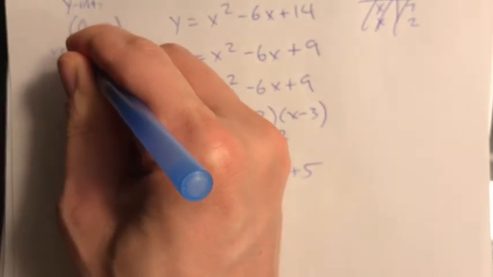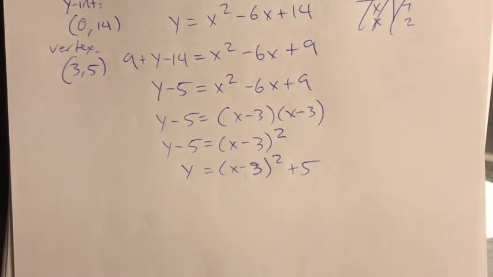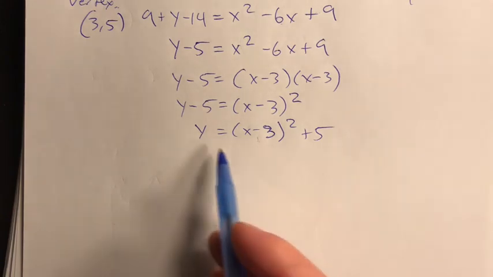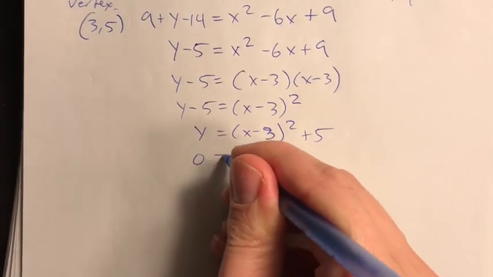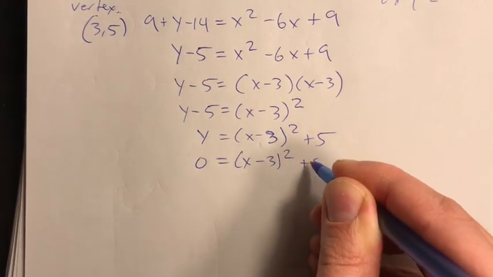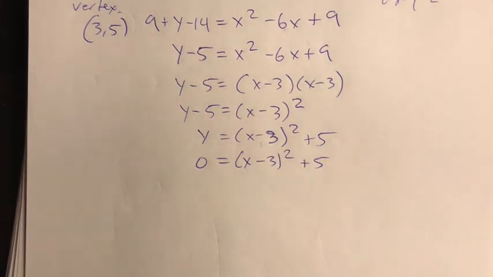That's my vertex. And now it's time for my x-intercepts. For the x-intercepts, I am going to go ahead and again plug a 0 in here for y, and then solve for x. And here is that situation, like I was saying, that's going to happen here.